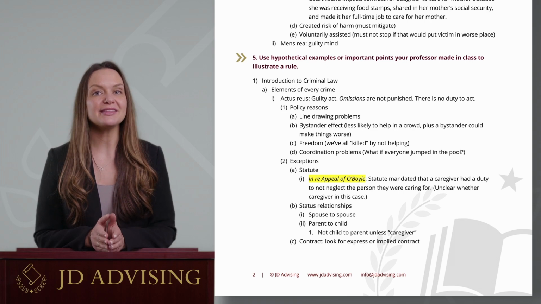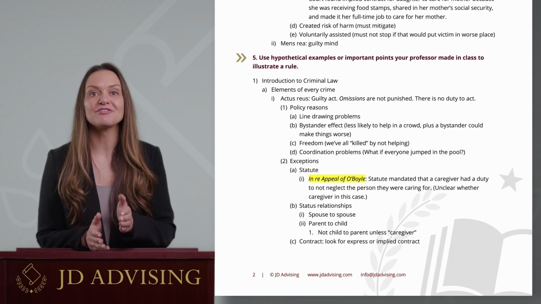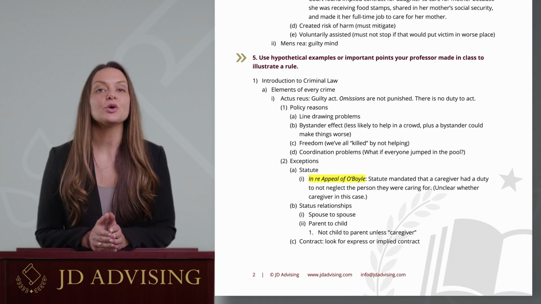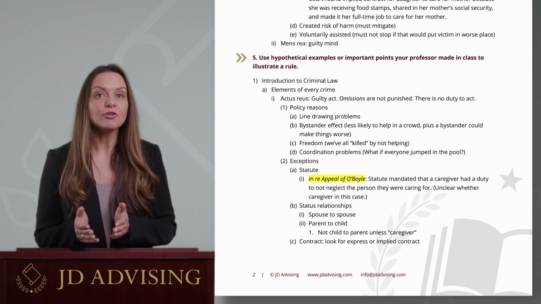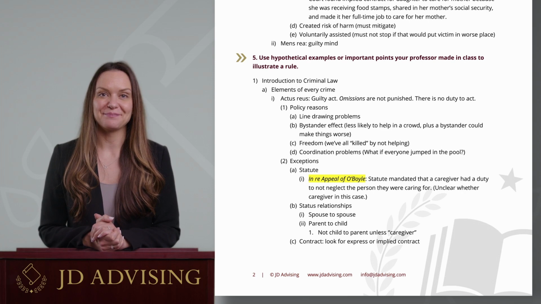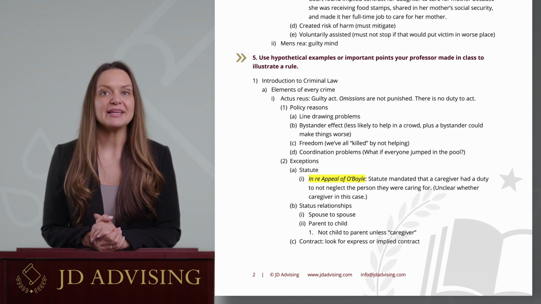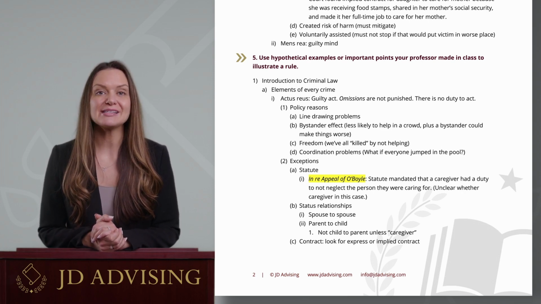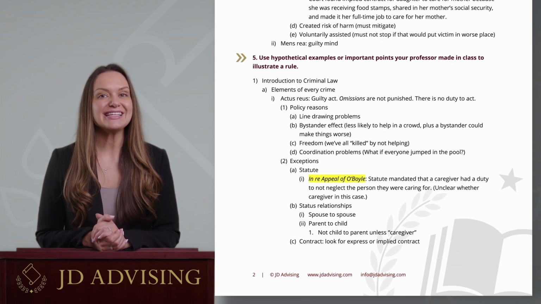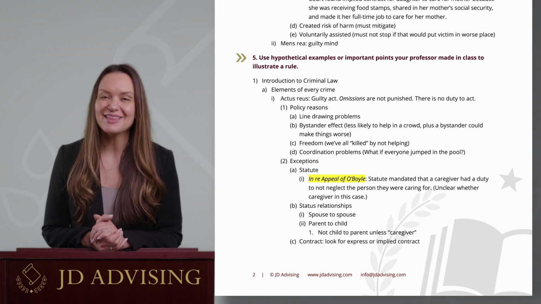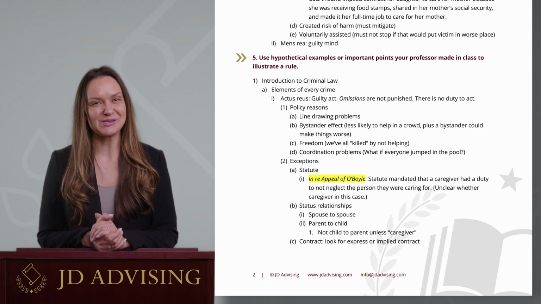Thus, by reviewing these hypos and examples provided by your professor, they show you how you should be thinking about the information, which is helpful when preparing for your exam. Your professor may even draft a fact pattern that is similar to the examples or hypos provided in class. If that is the case, you'll be really happy that you studied those examples.